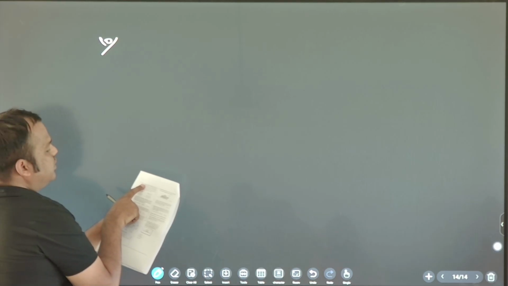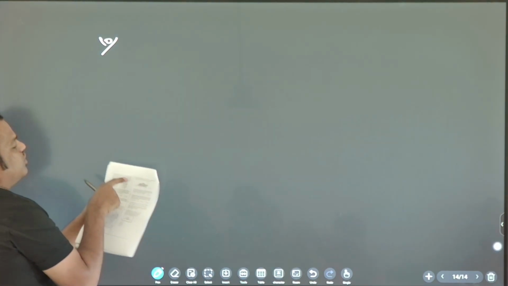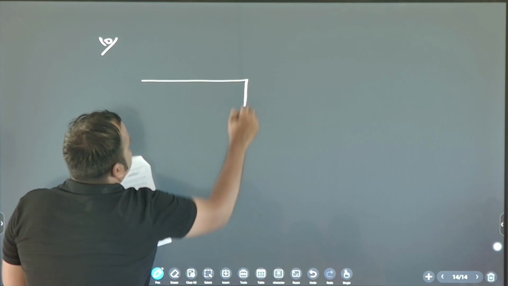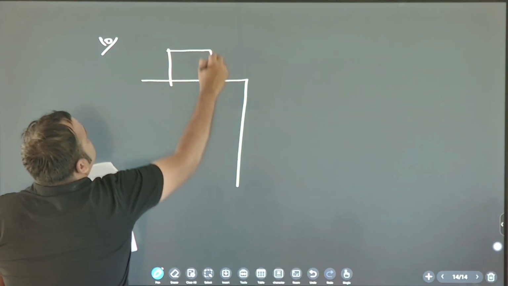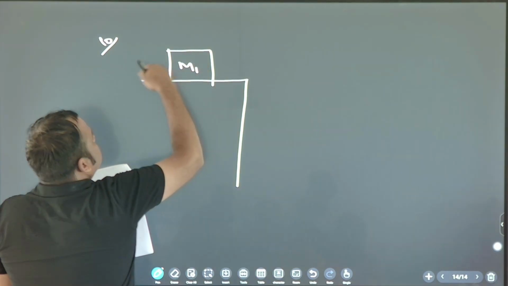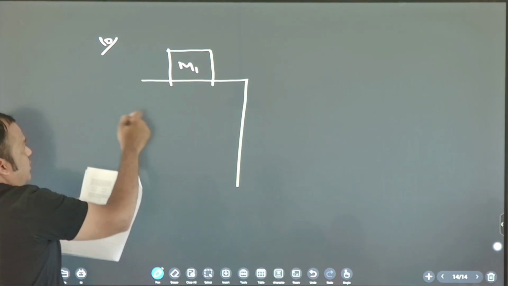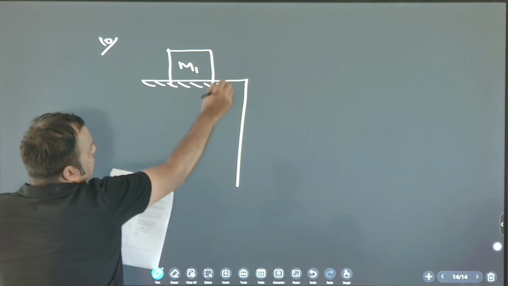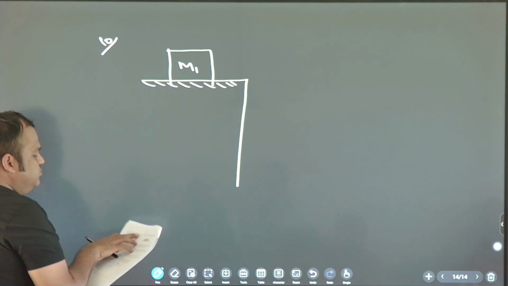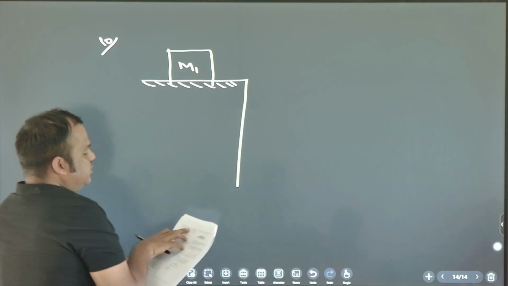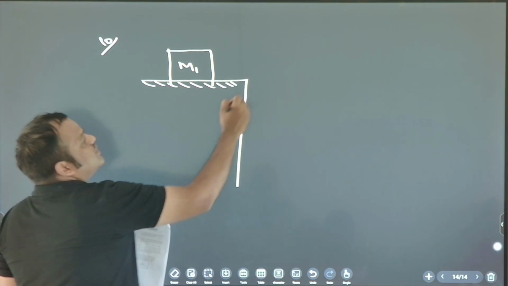Block A of mass M1 rests on a horizontal table. So this is the table, M1 is resting on the table. A light string connected to it passes over a frictionless pulley. This is the pulley.